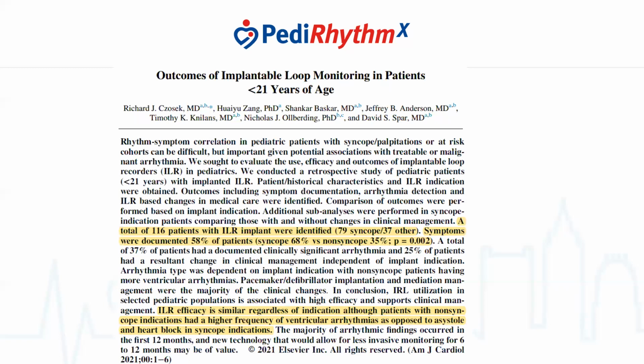Clinical experience with implantable loop recorders in children was published by Czozek and co-workers.